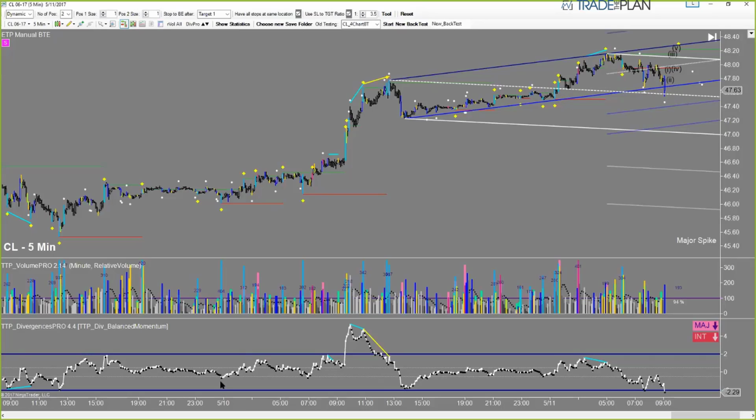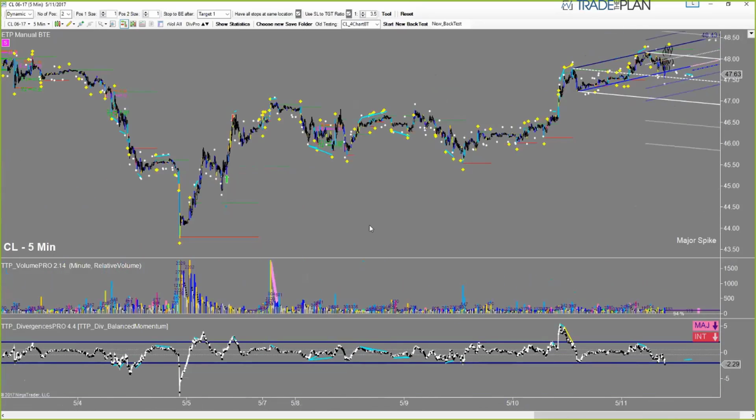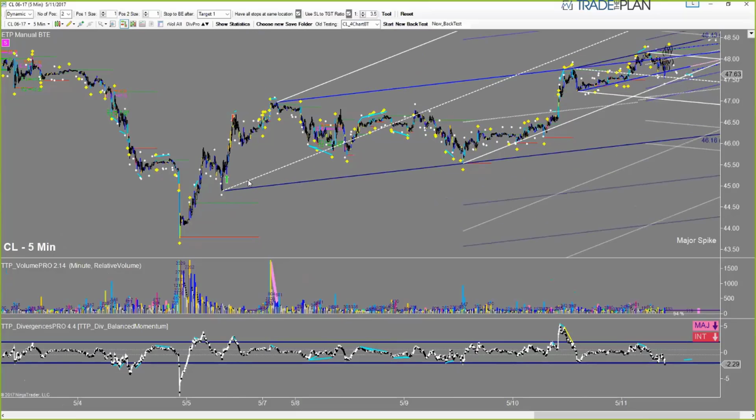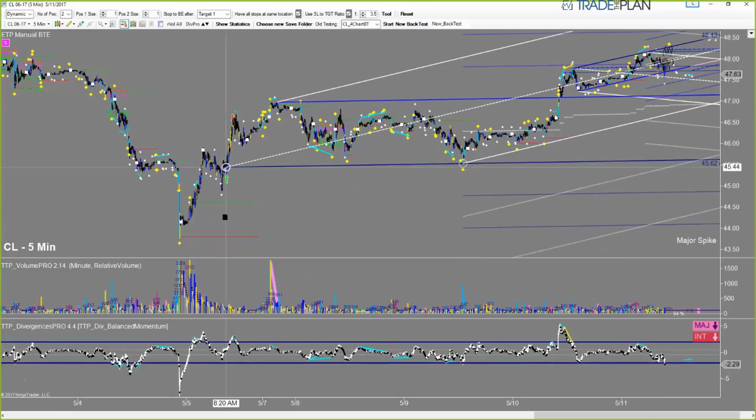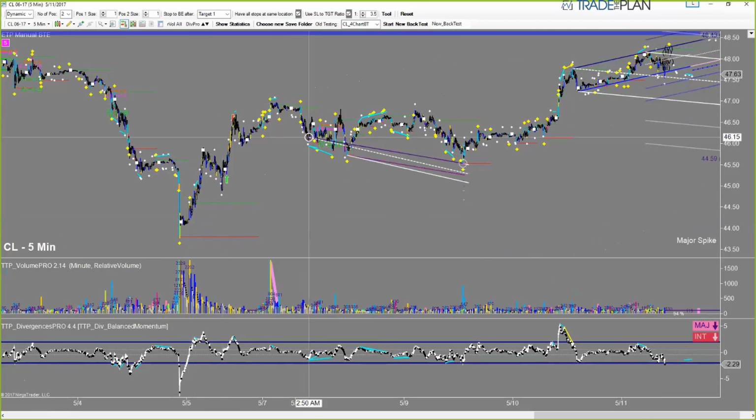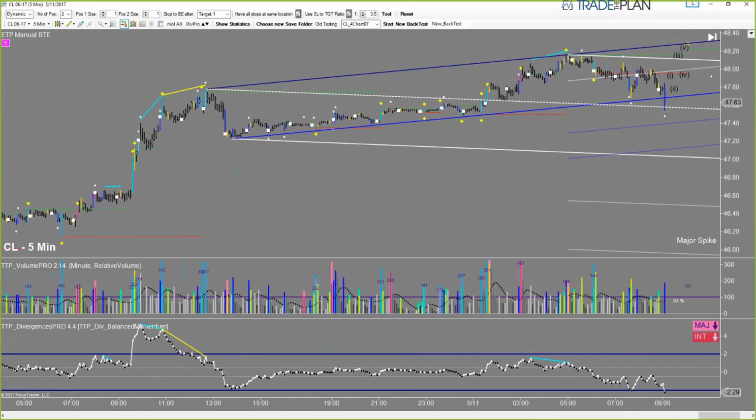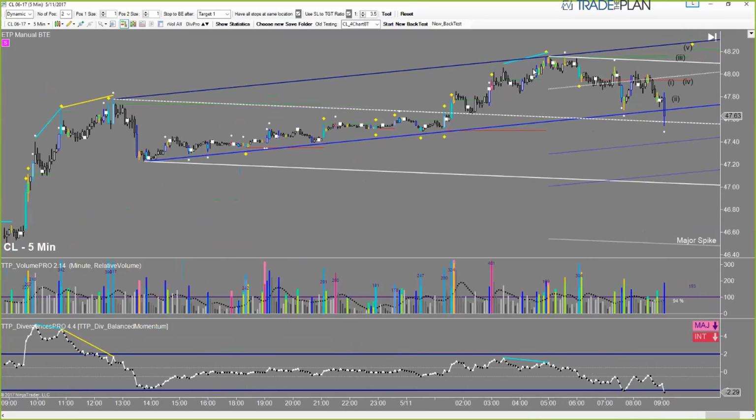It's not upsloping, but maybe I've got an upsloping median line here. Not really. I'm not going to worry about trying to find the upsloping line, but here you've identified the impulse up. You're looking for the correction back down.